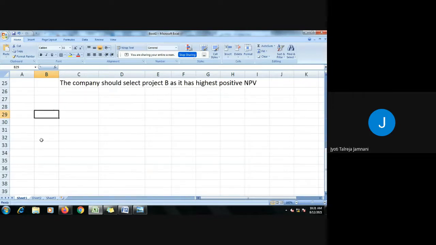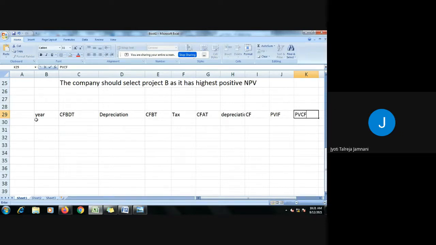So here, first column we'll have year, then we'll have cash flows before depreciation and tax, then we'll have depreciation, then cash flows before tax, then we'll have tax, cash flows after tax, again depreciation, and then we have cash flows, present value interest factor, and present value of cash flows.